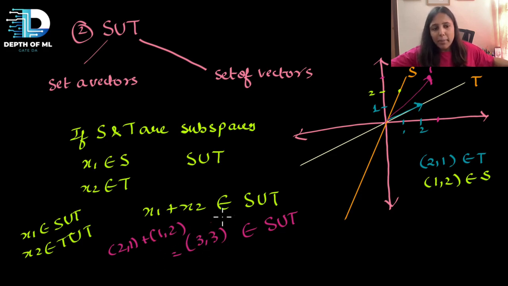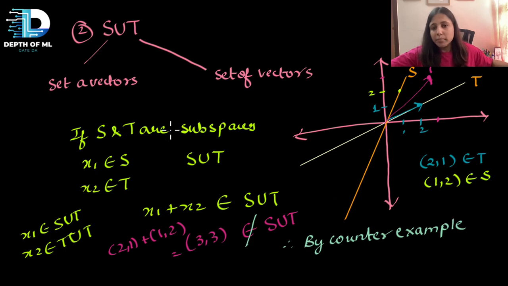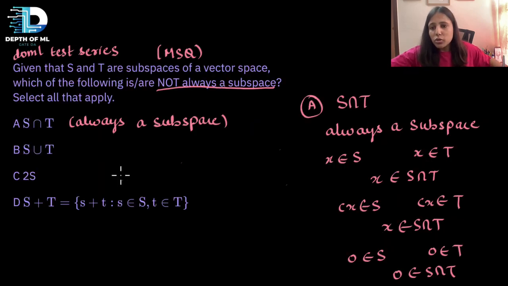I am adding them up and they are not in T. So this does not belong to T. Therefore, by counterexample, I have shown you that it is not always true that S union T is a subspace.